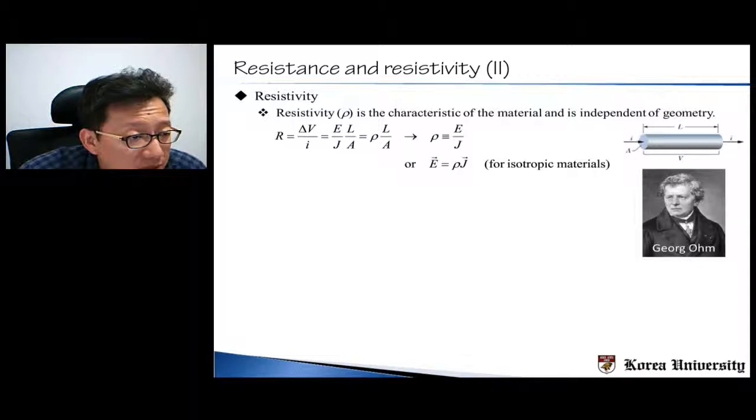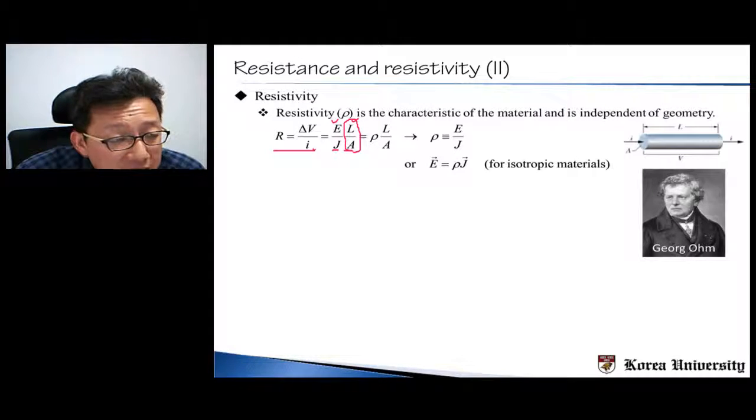Okay, this is how we do it. We first begin with the definition of the resistance, and then realize that the potential difference is equal to the electric field multiplied by the length of this object. And also realize that the current is equal to the current density multiplied by the area of this object, right? So the shape or geometry is given in these two values, length and area.